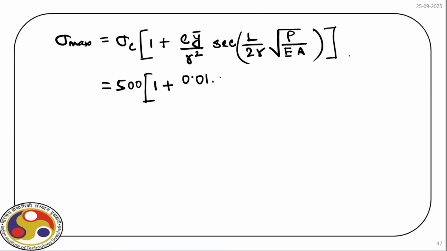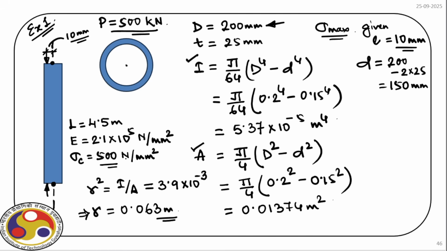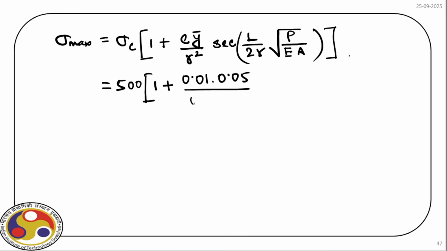So y bar is 0.05 divided by r, which we have evaluated as 0.063. So this is 0.063 whole square. And then we have sec within bracket L.